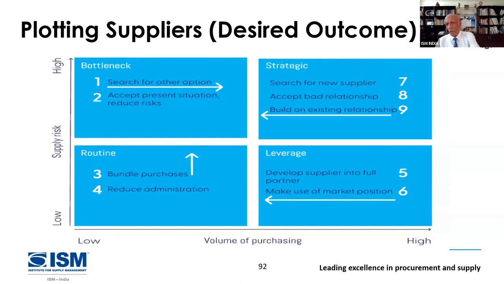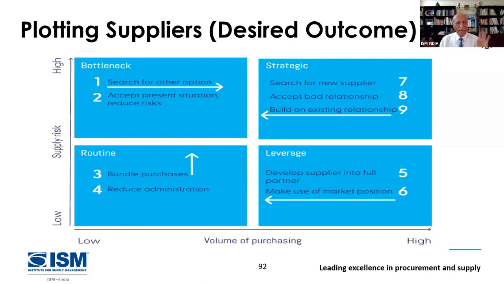Some groups will come here, some groups will come there, and some groups may come in two places, no issues. The items which are bottleneck items, low value but very high risk: search for other options. We need to find what other choices are available.